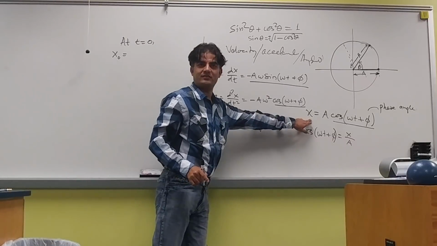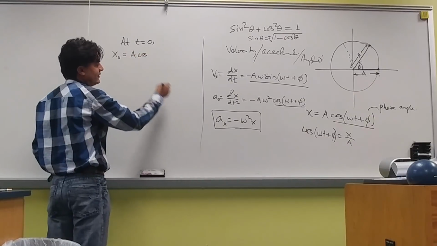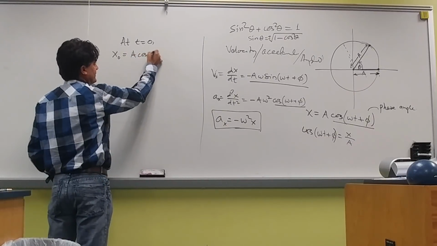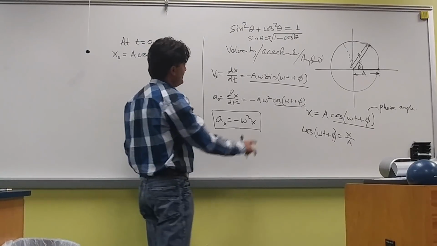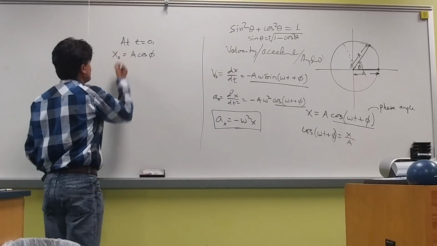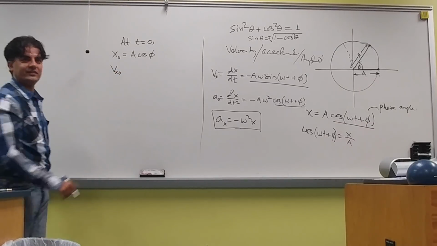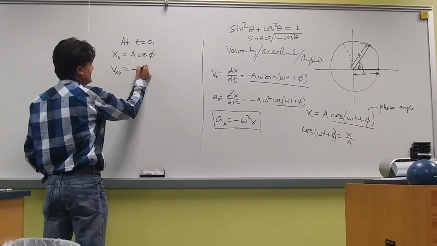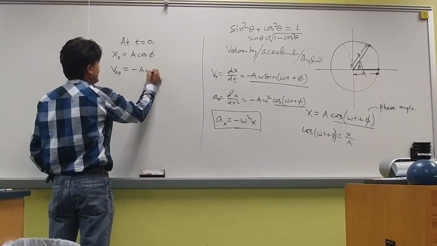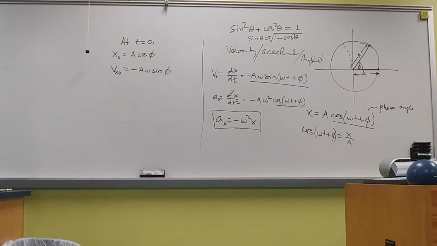I call it x0, which is A cosine phi. Now I come to velocity. At t equals 0, I call my velocity Vx0, which will be minus A omega sine phi. Is that right?